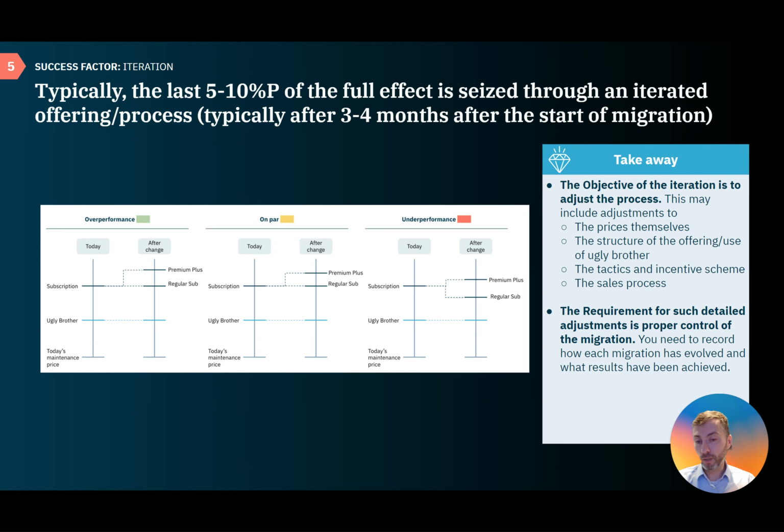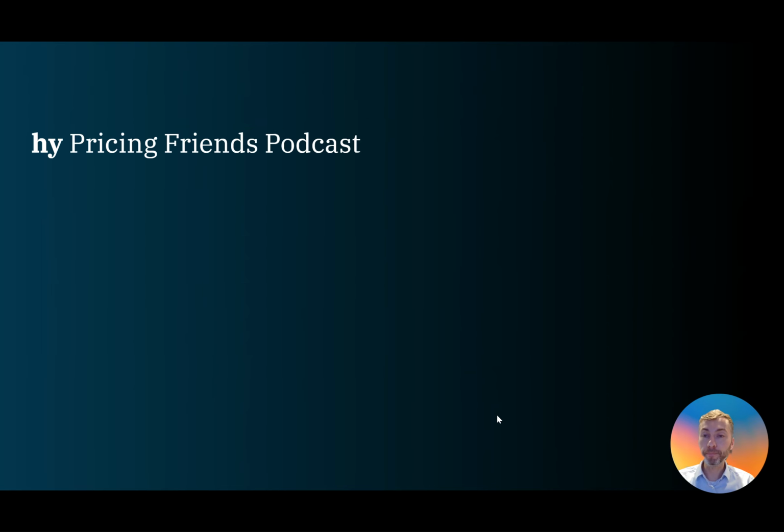So in this case here, we have inserted a Premium Plus subscription on top of the regular subscription with more services, with higher price that we aim to move our customers to. And on the right-hand side, the underperformance, if we see that we really struggle moving some clusters to a certain product, we also can create a lower price subscription to ensure that customers do not churn.